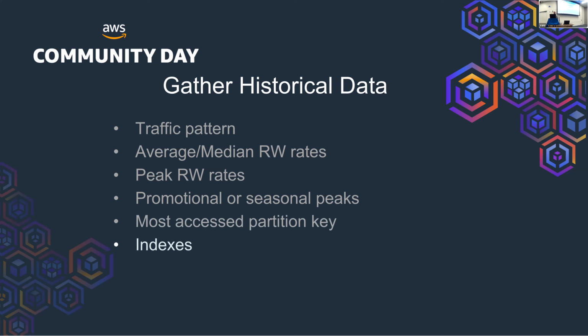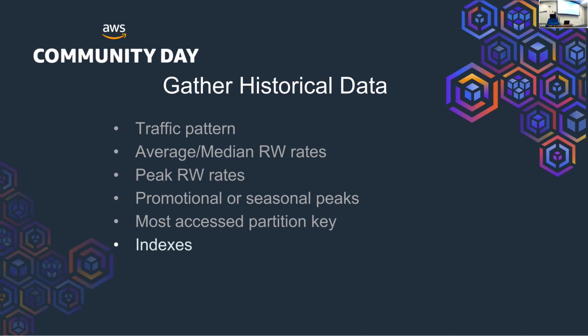You have to again worry about indexes, right? So if you have multiple indexes, for instance a table with 3 global secondary indexes, and you are doing a write on the table, it will also do a write on your global secondary indexes as well.